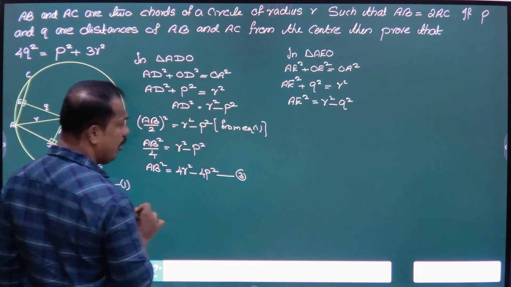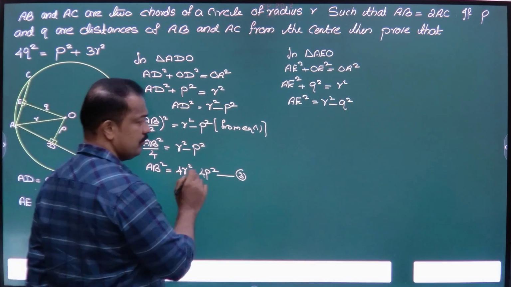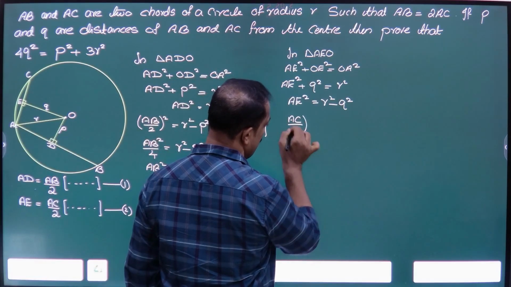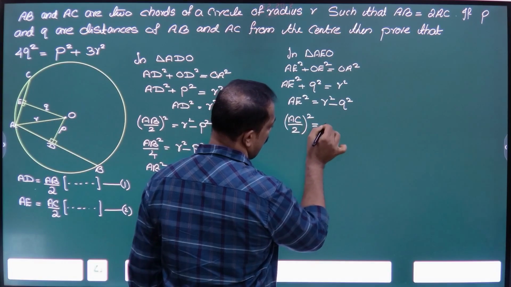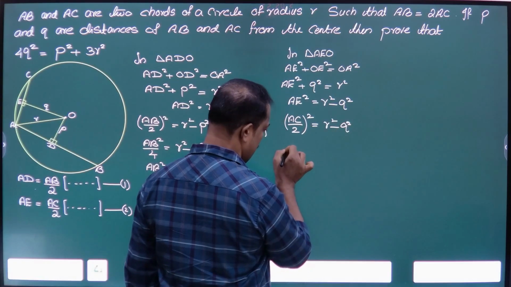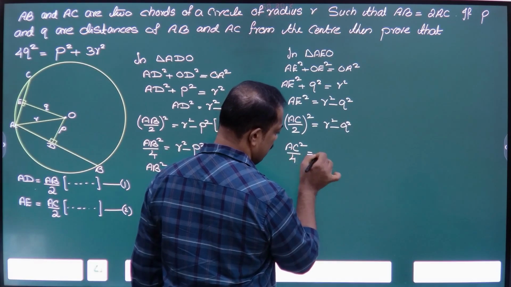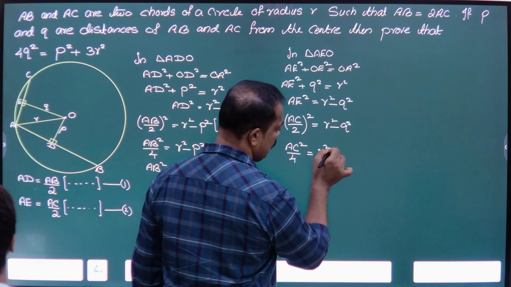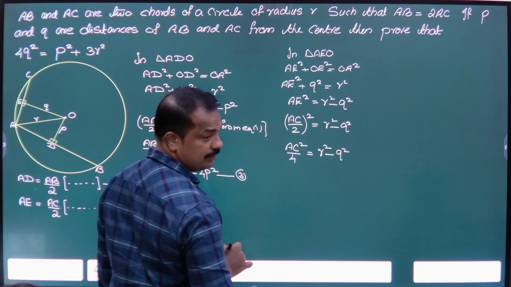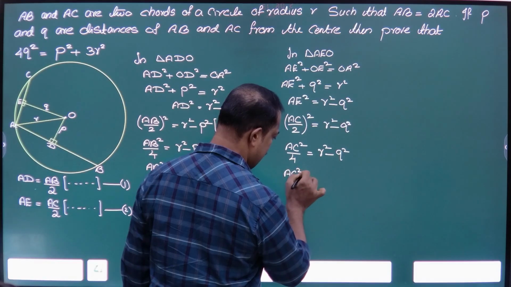And what is the value of AE from equation 2? AC by 2. Replace: AC by 2 whole square equals R square minus Q square. AC square divided by 4 equals R square minus Q square.